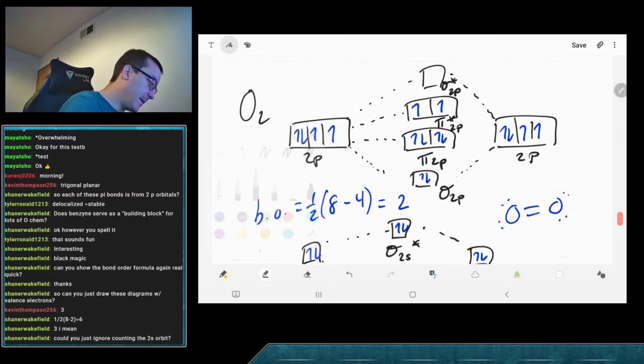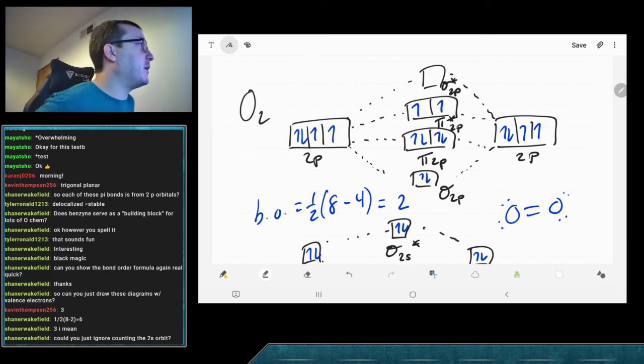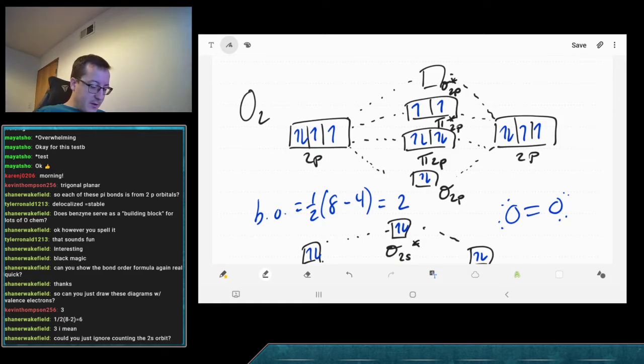Let's notice something interesting about this. What do we see that's interesting about these electrons in the molecular orbital that we have not seen so far in any of the other MO diagrams that we've done?